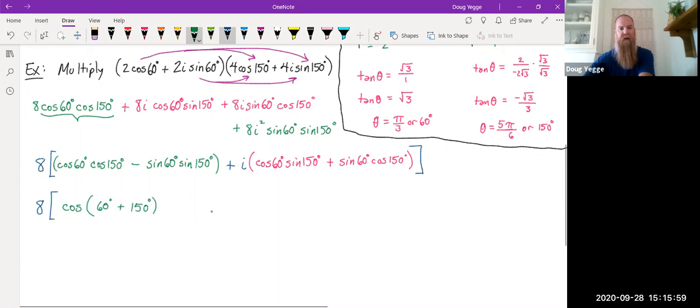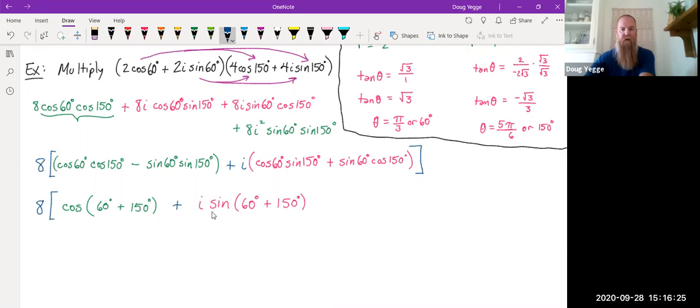While this second piece, when you take a look over here, because we see cosine times sine, is going to be the sum formula for sine. So we're now going to get i times sine of 60 degrees plus 150 degrees.